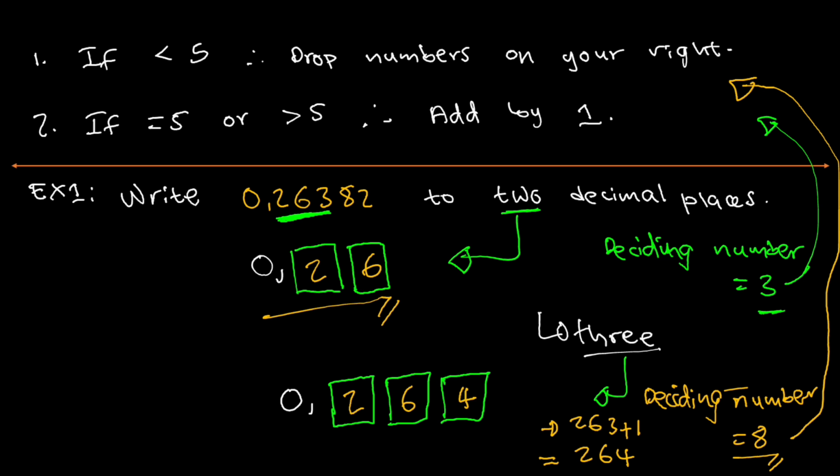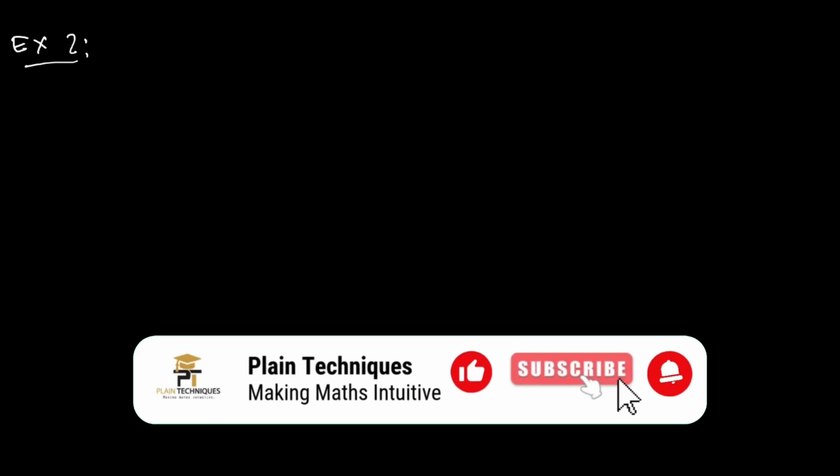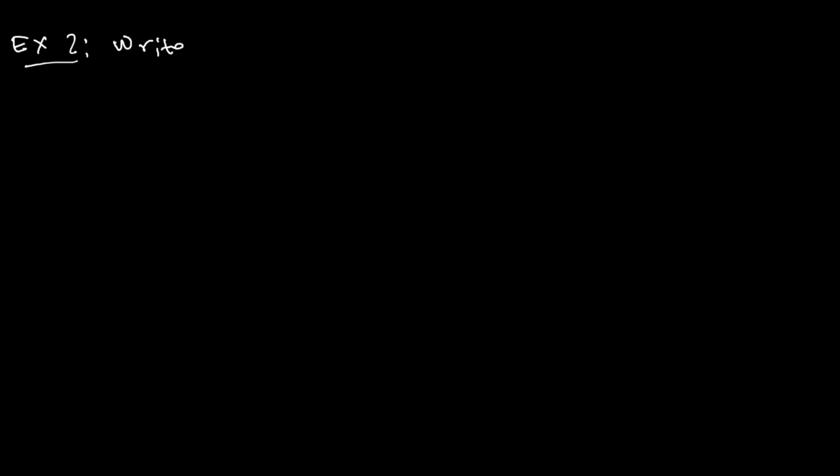Now, let's move to the next page. Example number 2. Example number 2 says, write 0,896 31 to 2 decimal places.